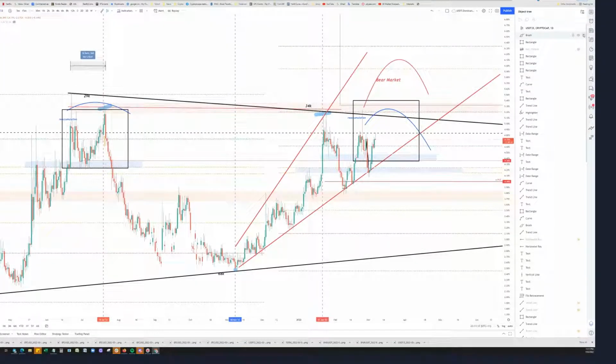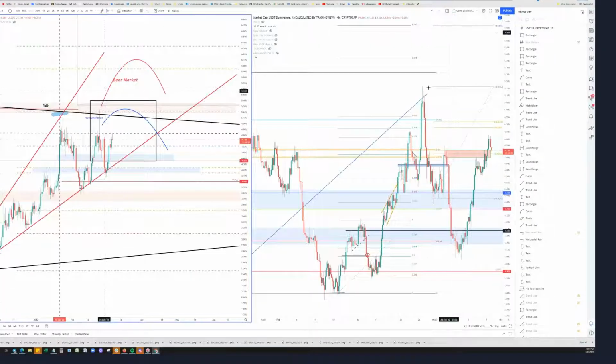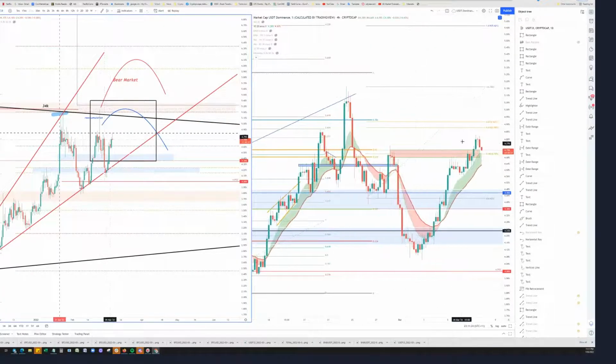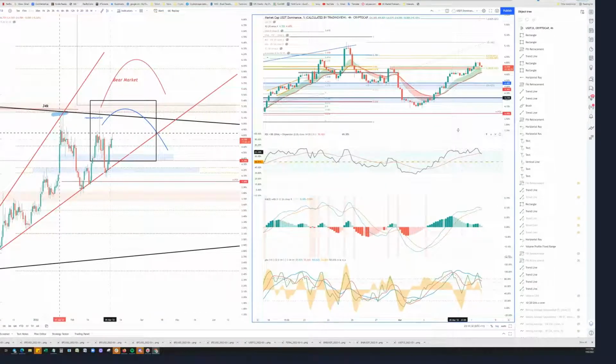And let's look at the 4-hour just on the other chart. So yeah, we're finding a bit of resistance. But you can see, let's see, we've got bearish divergence a bit. Good bearish divergence. So we might find a bit of a bounce on Bitcoin based on this.